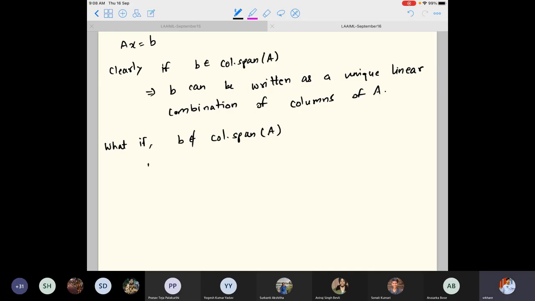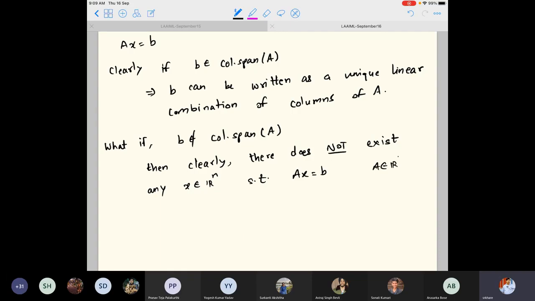Then clearly there does not exist any X in Rn such that Ax is equal to B, right?